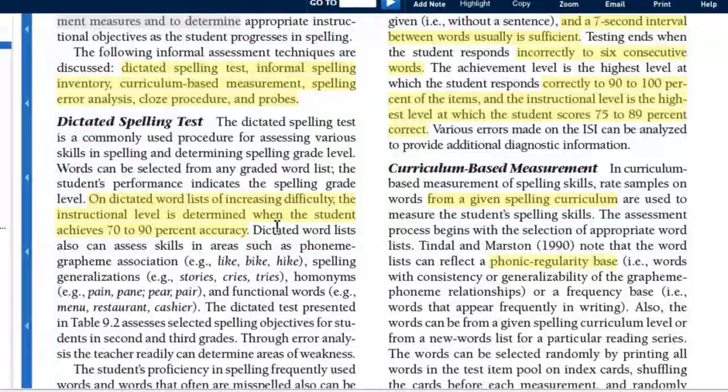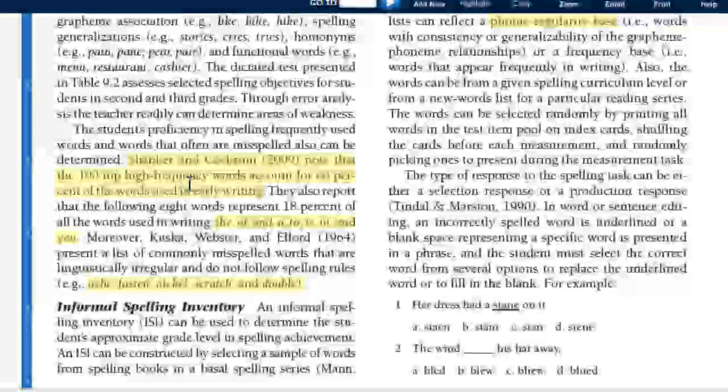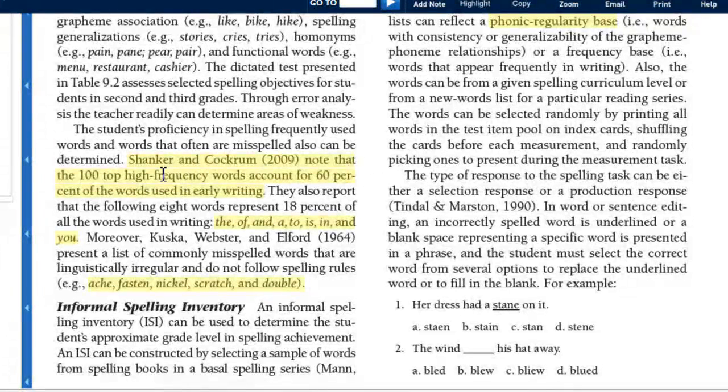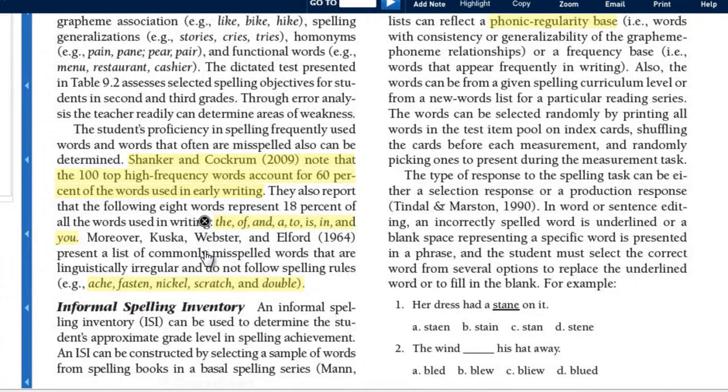You just dictate the spelling test, and you kind of look for patterns and stuff like that. Here we'll talk about these two here, Shanker and Cockrum. Note that 100. This is very interesting. 100 top high-frequency words account for 60% of the words in their writing. So just 100 words, and you'll cover 60% of their writing.